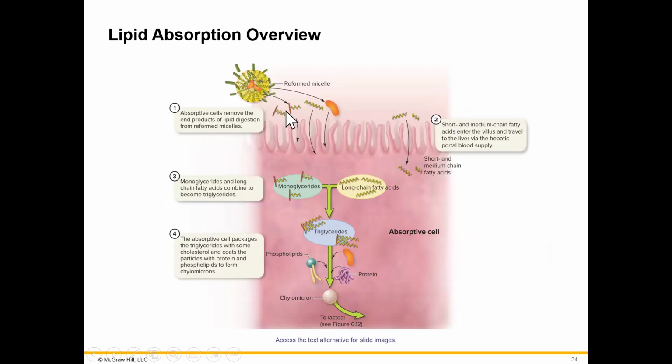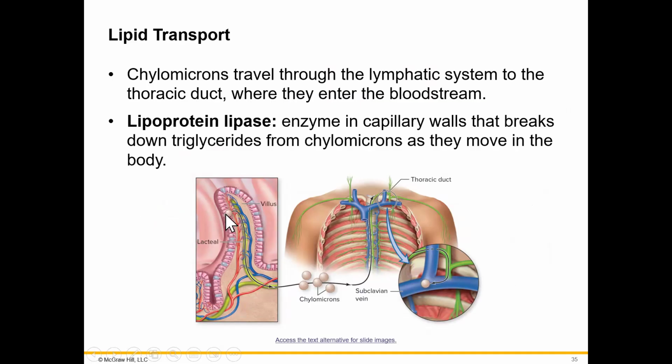You see these absorptive cells here, and eventually working their way down into the lacteals and the chylomicrons into the bloodstream. We have not really talked a whole lot about this. I think we mentioned it when we talked about body systems and the lymphatic system.